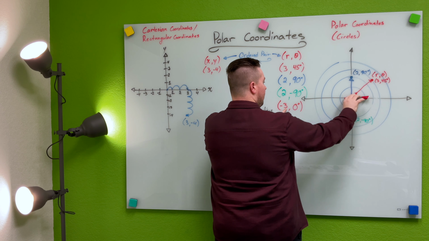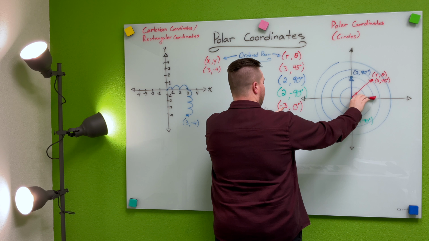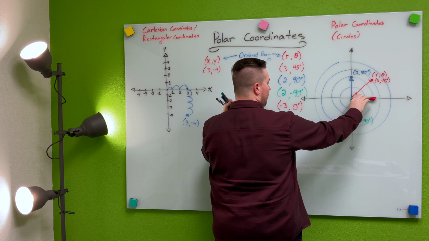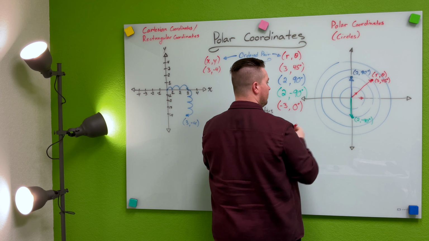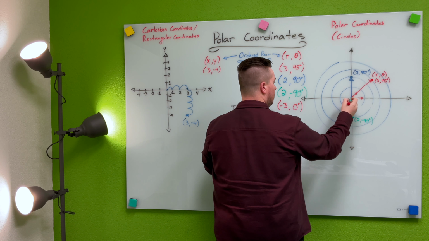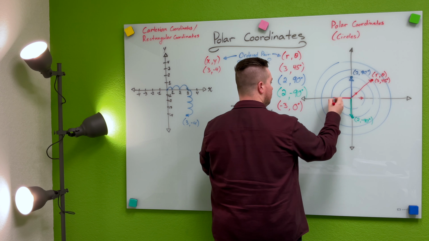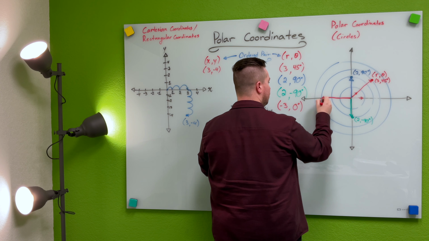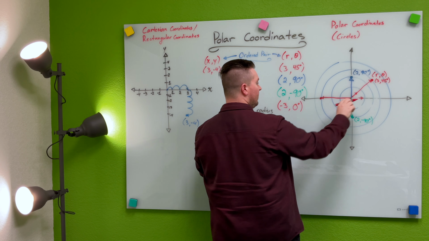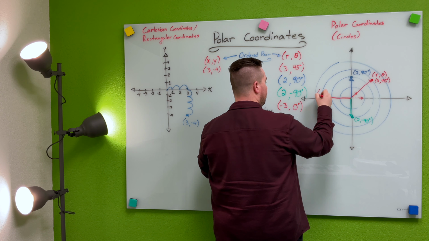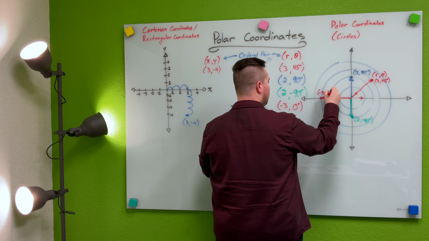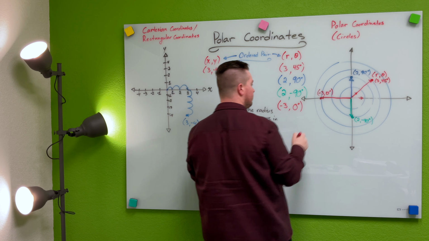So if we're pointing to the right, we want to go 3 steps to the left because that's the opposite direction. So now we're going to go 1, 2, 3 steps in the opposite direction that we were pointing. So right here, this point can be described as -3, 0 degrees.